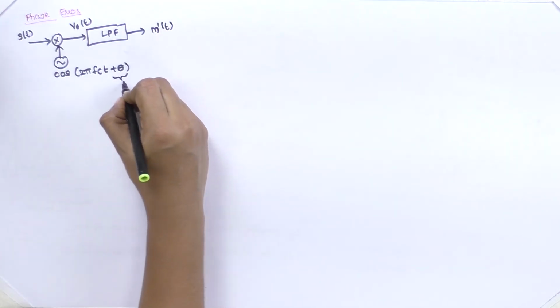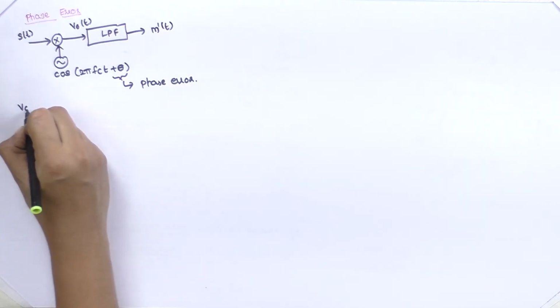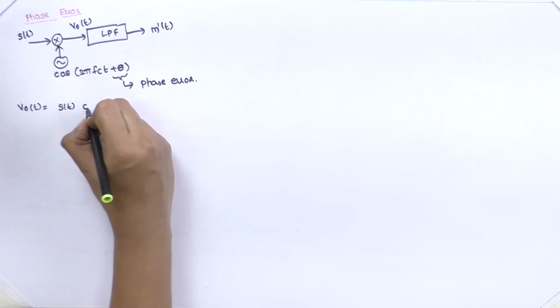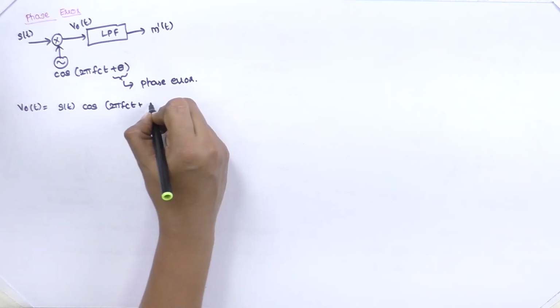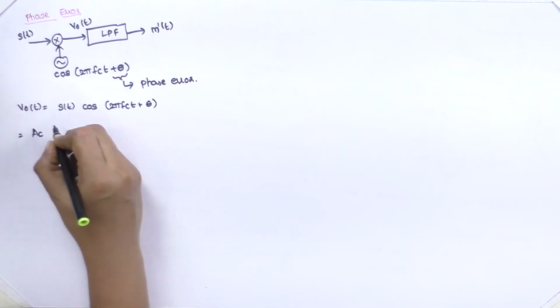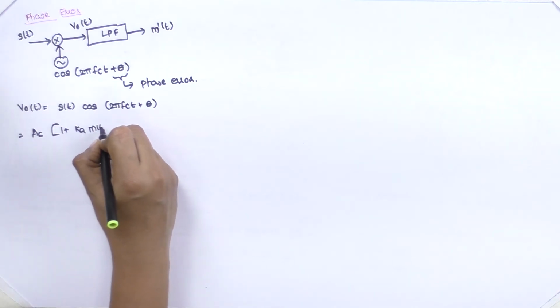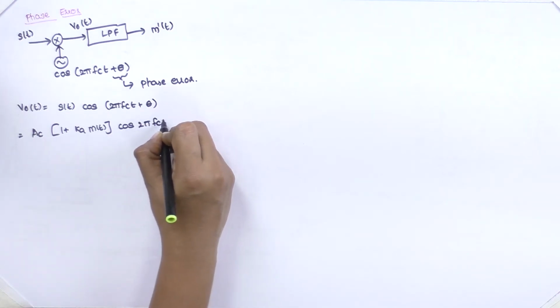Here this theta represents the phase error. We know that V naught of t is equal to S of t cos 2 pi fct plus theta. Therefore, we know the formula for S of t: AC into 1 plus Ka m of t, cos 2 pi fct.